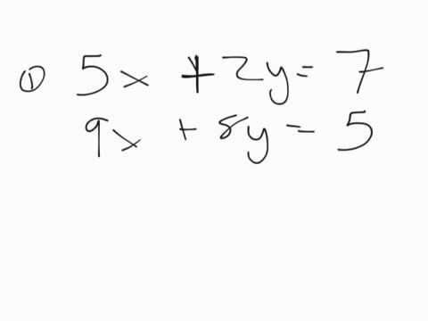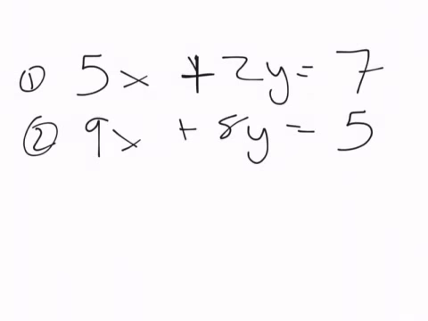Now this method is called substitution. I'm going to substitute equation 1 into 2. In fact, let me substitute equation 2 into 1. It doesn't matter, but I played with equation 1 when I did the method of elimination. So let's mix it around a bit.